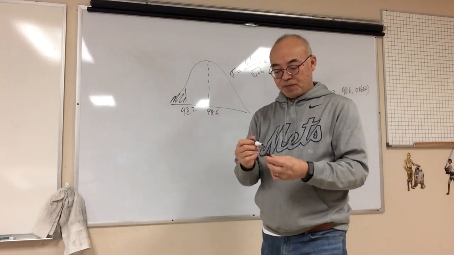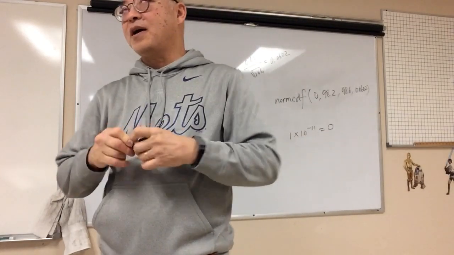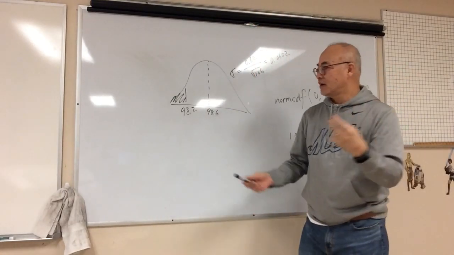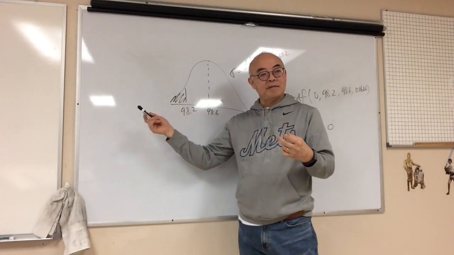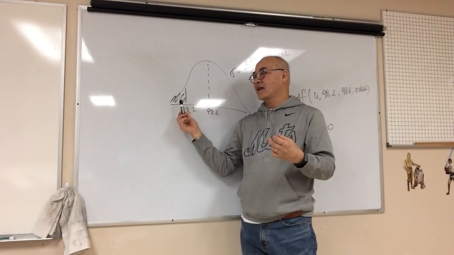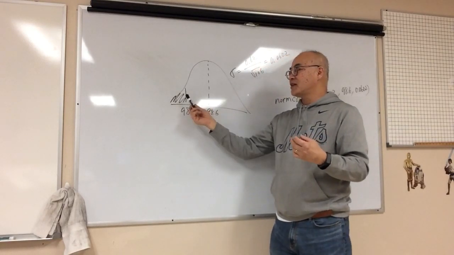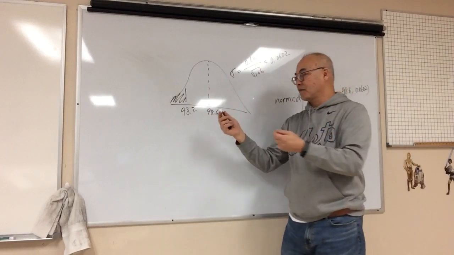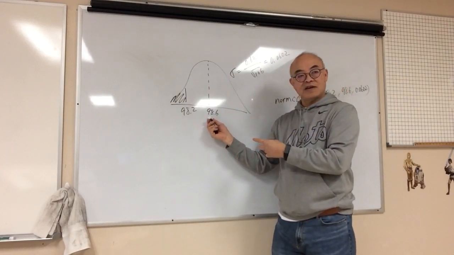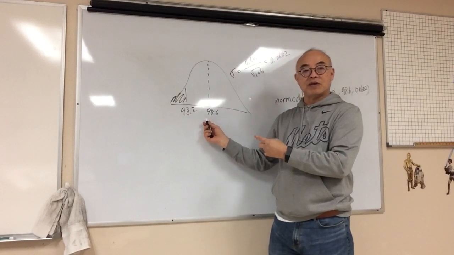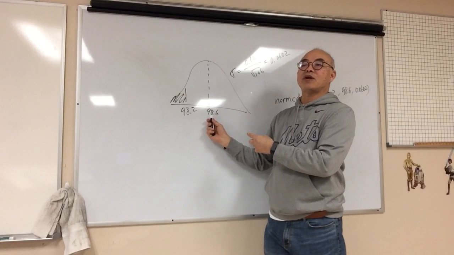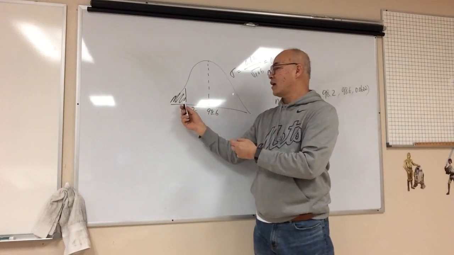Right? So in the hypothesis testing world, there are 2 ways that this can be explained. One is that when we did this, we assumed that this was the average, or this was the mean, and we got really, really unlucky, and it was 98.2.